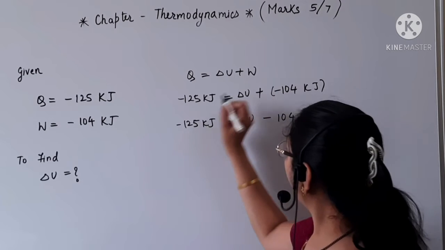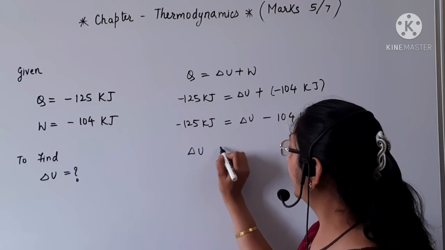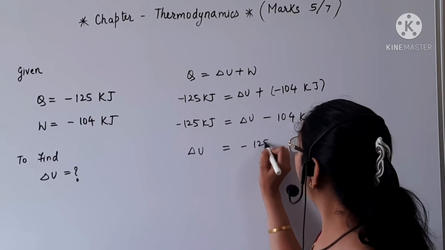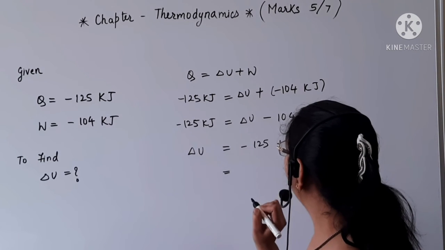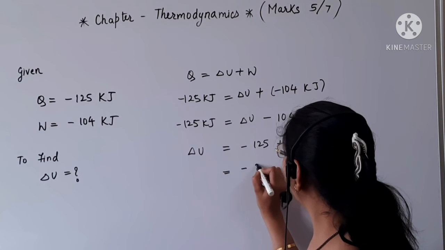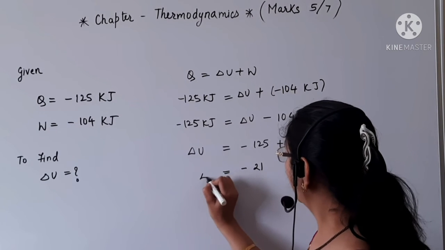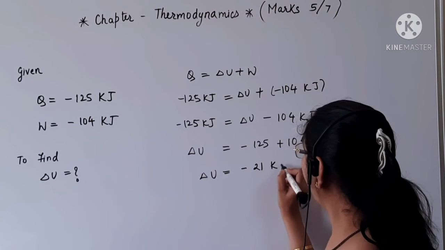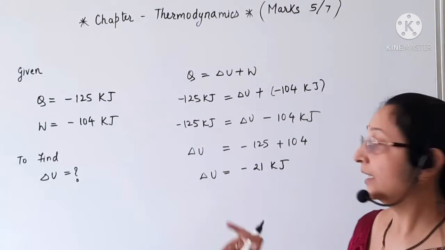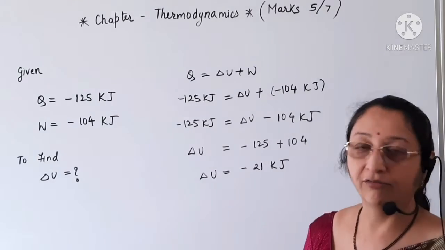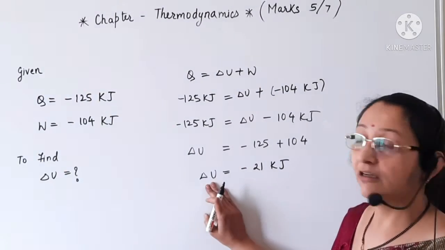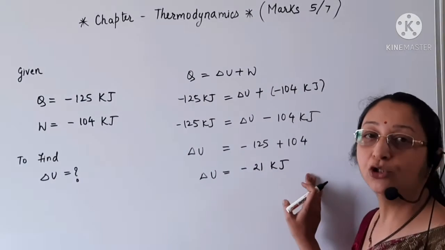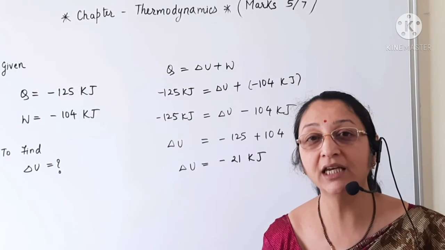Taking 104 here and rearranging, delta U is equal to minus 125 plus 104, that is equal to minus 21. So delta U is equal to minus 21 kilojoule is the answer. In the book, minus is not given, but the change in the internal energy is minus 21 kilojoule. Internal energy of the system has decreased by 21 kilojoule.